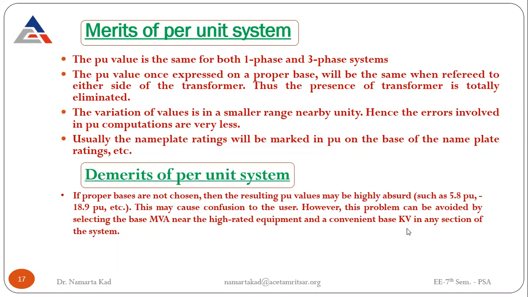So the kV base values are chosen section wise, but the MVA base value is chosen as the highest MVA available in the system. So these are some of the merits and demerits of the per unit system.